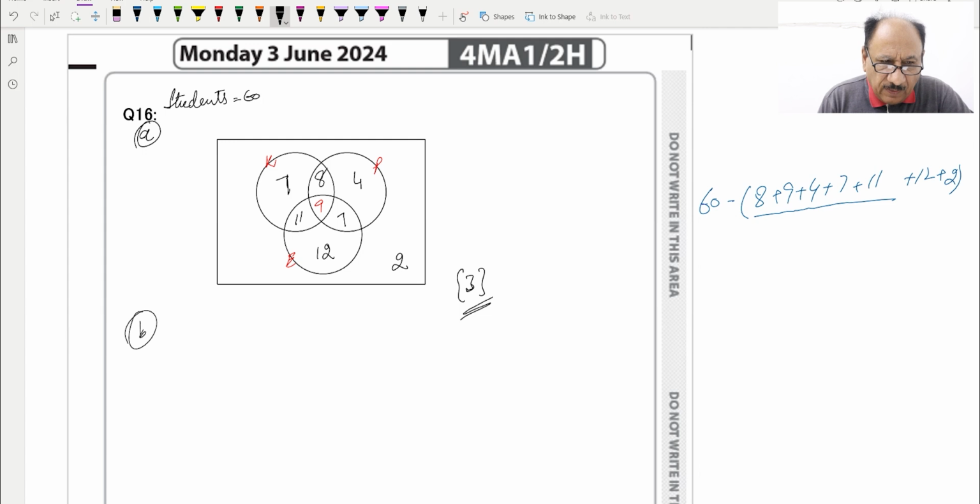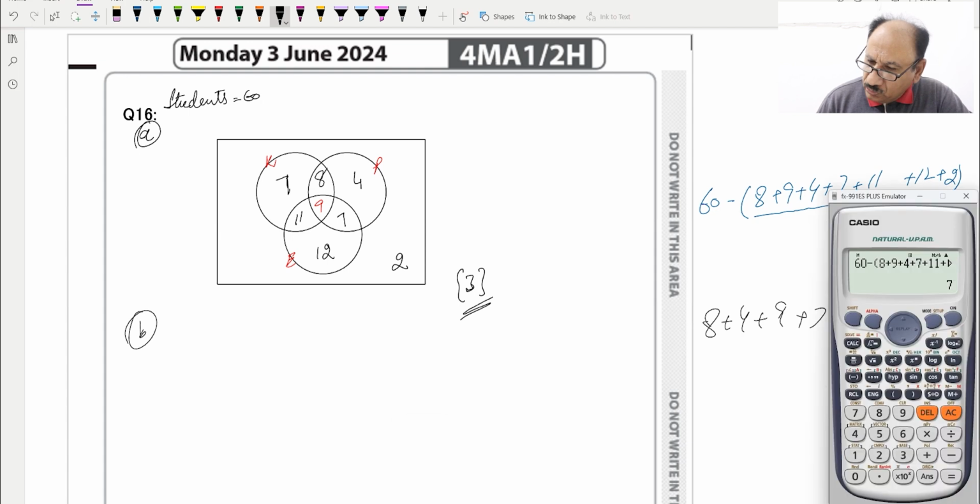B part says one of the students is chosen at random. Given that this student choose photography, so from the photography are how many? 8 plus 4 plus 9 plus 7. So these are photography choosing students, total are 28.